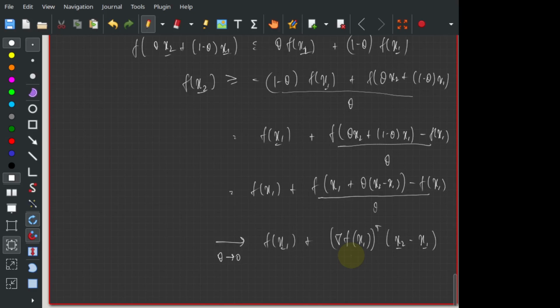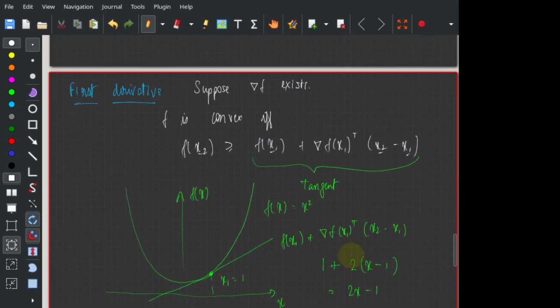Right? Any questions? Okay, so now suppose we want to prove the other way around. So we have f of x2 greater than or equal to f of x1 plus gradient f times x2 minus x1 for all x1 and x2.